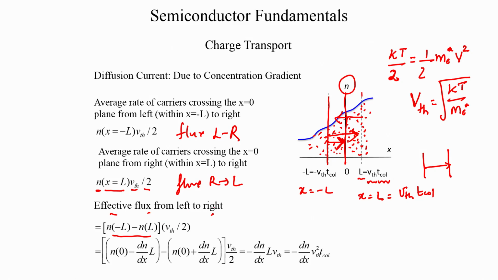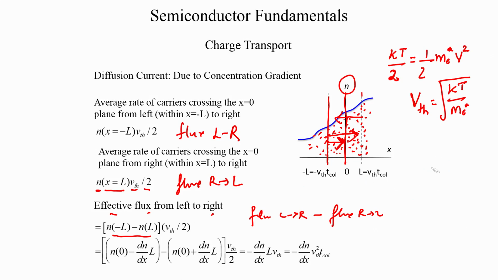So, the effective flux from left to right is the flux from left to right minus the flux of carriers from right to left. That is the effective number of electrons moving from left to right, and that is given by n at minus L minus n of L, times Vth by 2.